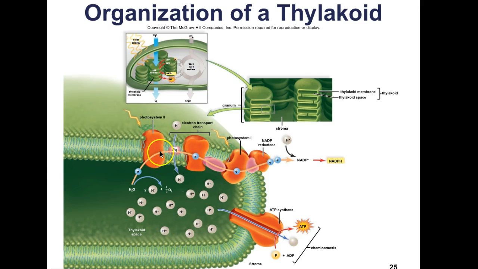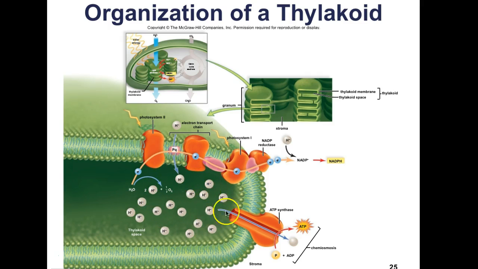And you can see that process taking place right in here. So here are all those cytochrome complexes. There is plastoquinone. Plastoquinone is abbreviated PQ. And you can see that as those electrons are traveling down, we are moving those hydrogen ions into the thylakoid compartment, which is more on the acidic side due to all these hydrogen ions in here.